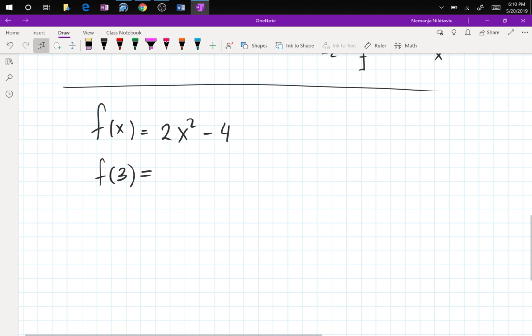It doesn't matter who computes it, 2 times 3 squared minus 4 is 2 times 9 minus 4, 18 minus 4 equals 14. So we all have a unique answer, and this is a property of a function. And that's why the word unique is underlined twice.